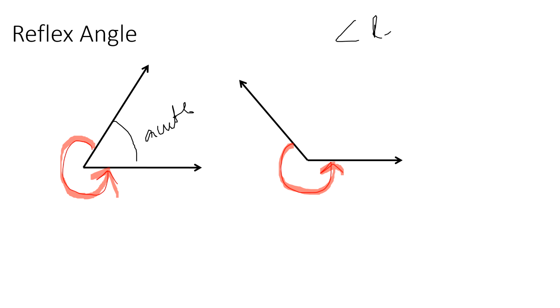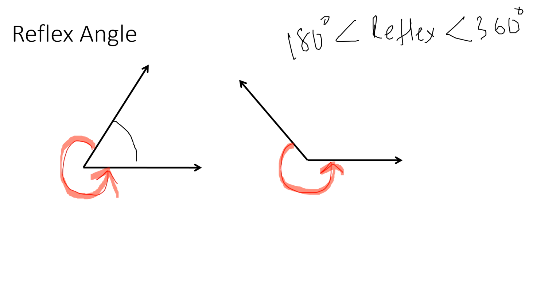Reflex angle is more than 180 but less than 360. Okay, it's very easy to find. Let us say that this particular acute angle has a value 30°. So reflex angle will be 360 minus 30. It is 330°. So reflex angle is exactly the opposite of the acute angle that we are having here. Okay. So you just have to subtract it from 360 and you will get your angle.